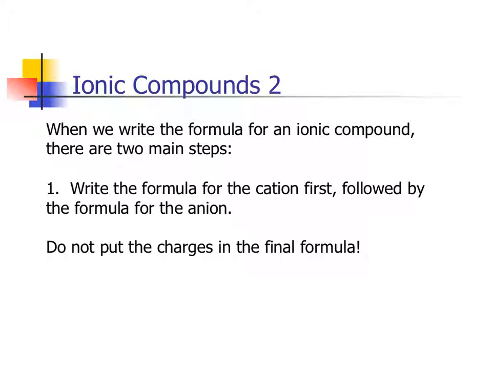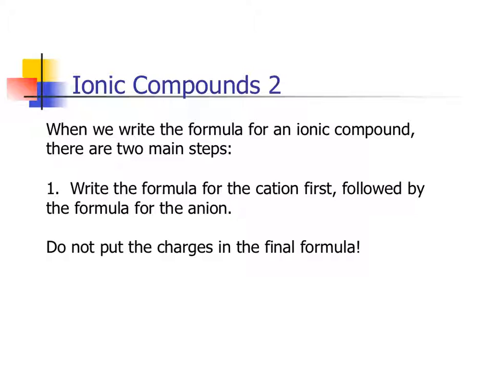So when writing the formula for an ionic compound, we have two steps. I've tried to keep these steps as simple as possible, so I highly suggest not trying to simplify them any more, as then you would oversimplify things, and that can sometimes come back and bite you. The first step is to write the formula for the cation.